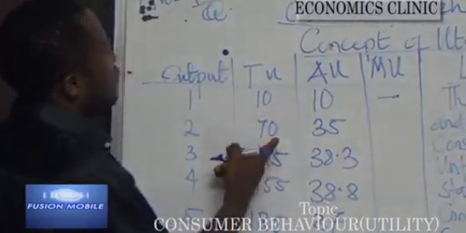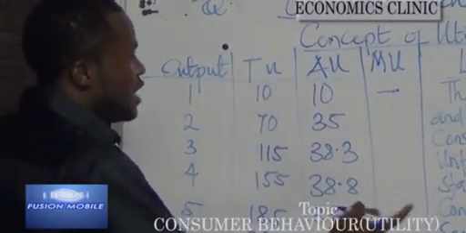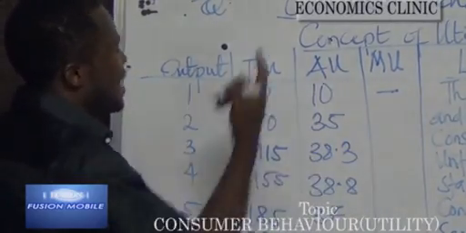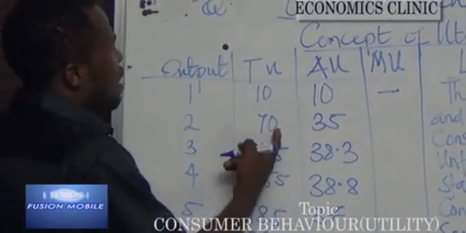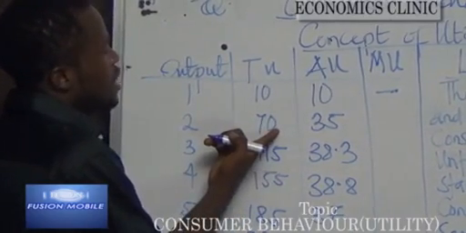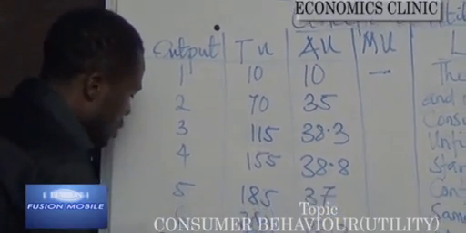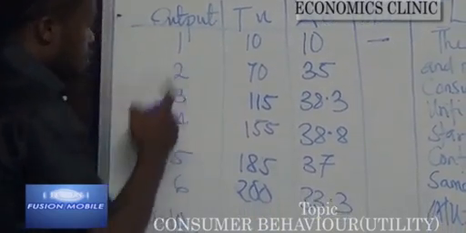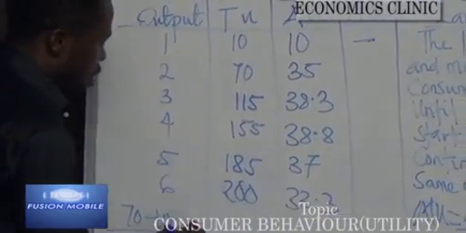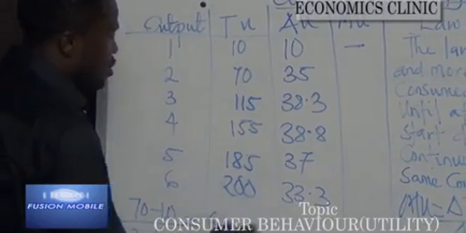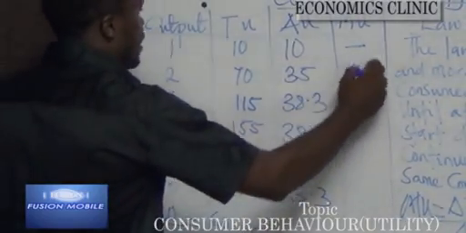So we'll move to the next one. Don't forget, changes in total utility divided by changes in quantity. So here you have TU2 minus TU1, 70 minus 10 divided by 2 minus 1, which will be 60 divided by 1, which is 60.